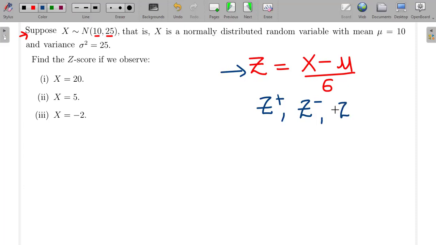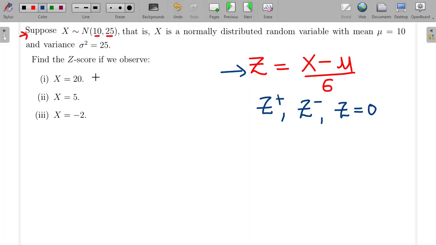And if the z-score is equal to 0, then the observed value is equal to the mean. So that's the meaning of the different z-score values. Now let's find the first one.